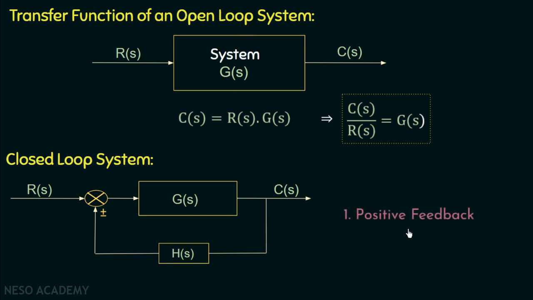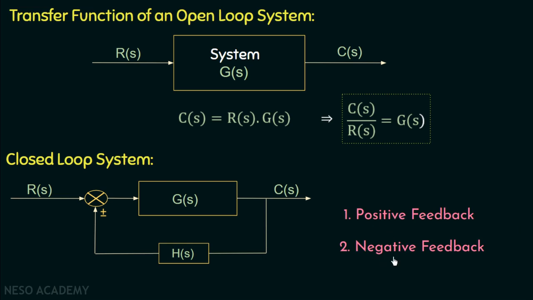The first one is the positive feedback, in which the feedback signal is in phase with the reference input, and the other one is the negative feedback, in which the feedback signal is 180 degrees out of phase with respect to the input signal. The positive feedback is represented with a positive sign and the negative feedback is represented with a negative sign.